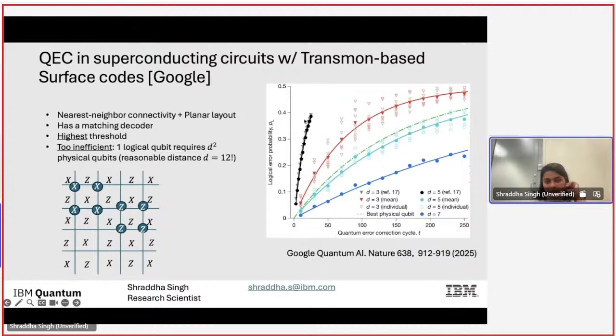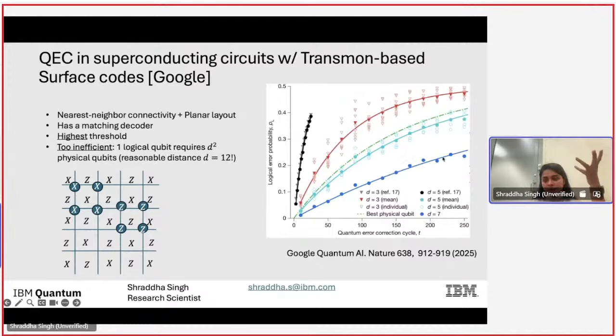Forget these two plots. These were taken from a 2023 experiment, which was not as good in terms of qubit error rates, decoding, etc. They improved all aspects of their experiment, and they were able to show below threshold QEC, that is, by increasing the number of qubits, you can actually protect yourself better against logical errors.